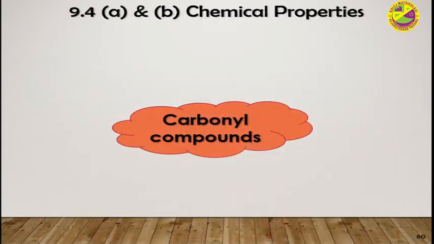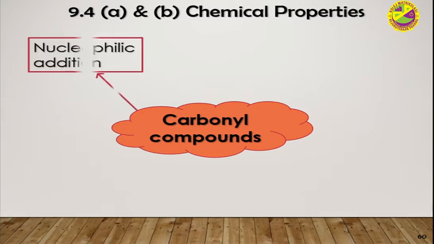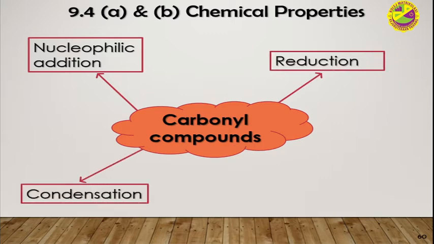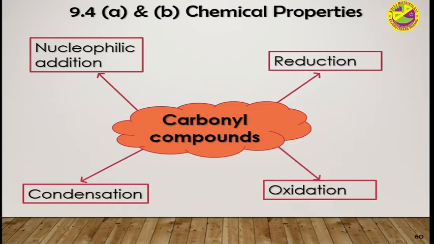We know that there are 4 main types of reaction for carbonyl compounds, which are nucleophilic addition, reduction, condensation, and oxidation. In this video, we are going to focus on reduction, condensation, and oxidation.